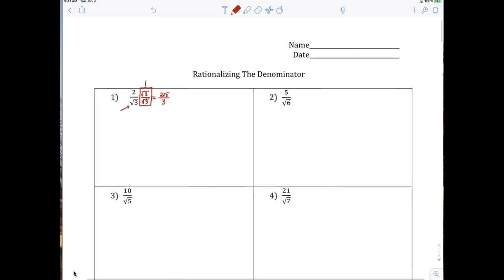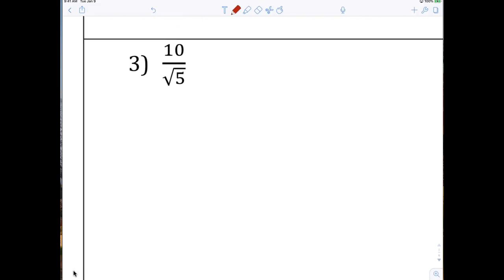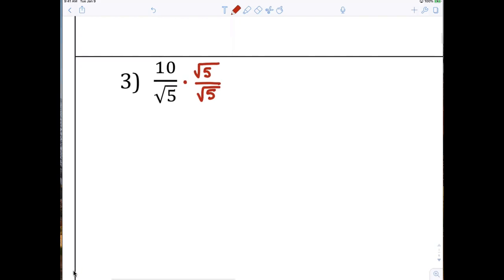All right. So with that in mind, let's take a look at question number 3. That'd be 10 radical 5 over 5. So what we're going to do is, again, multiply the top and bottom by the radical. And when you get this, now you end up with 10 radical 5 over 5.